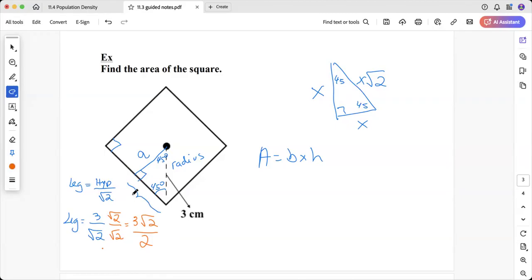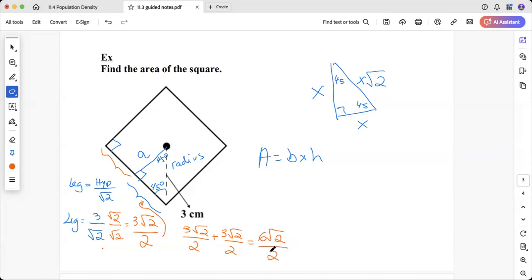So now we know we have to double it, right? Because this is also 3 square root of 2 divided by 2. So if we do 3 square root of 2 divided by 2 plus 3 square root of 2 divided by 2, we get 6 square root of 2 divided by 2.